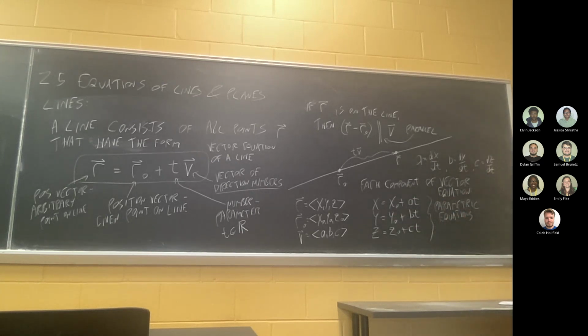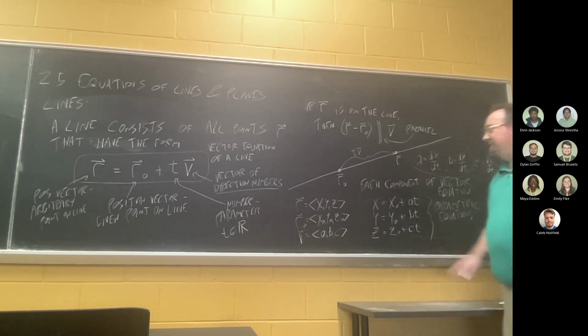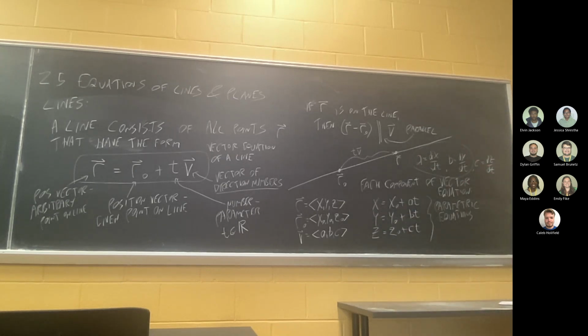If we just focus on this right here, if we have the parametric equations of a line for the x component and y component, suppose I wanted to describe the line in the more familiar y equals mx plus b form, where you have a slope and a y-intercept. How can I use this information to get the slope?